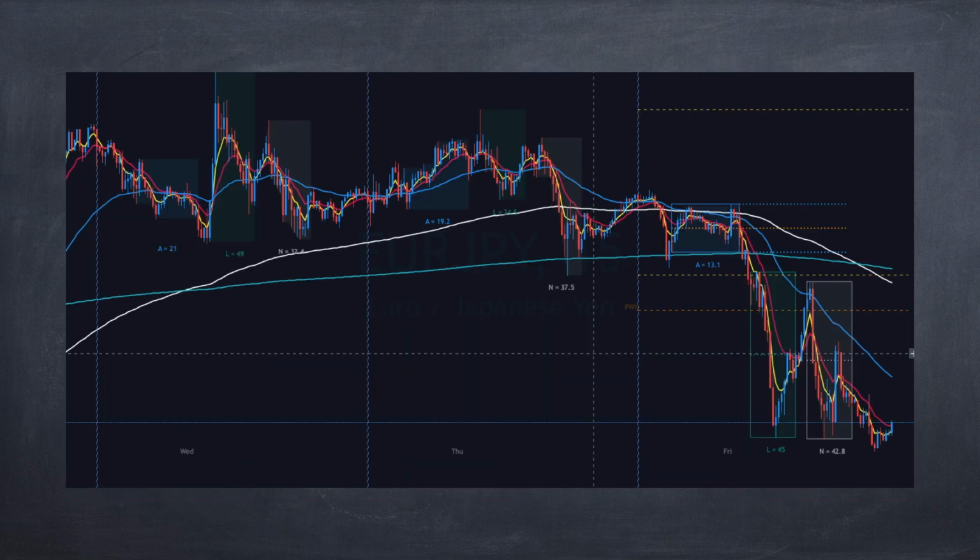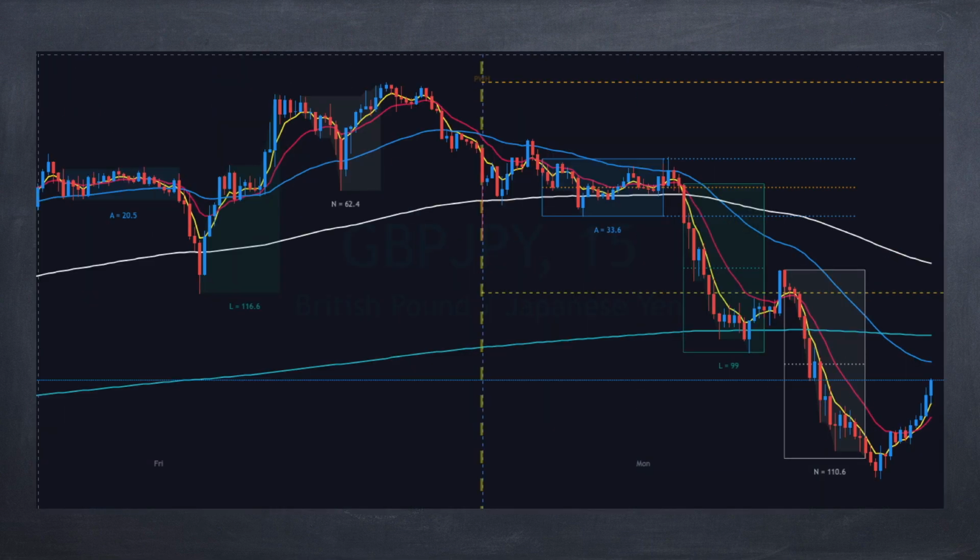Okay? So you can see from all these different examples that it happens fast, and it happens in a formation where you would want to be able to identify the peak formation high and the peak formation low, and be ready for it.